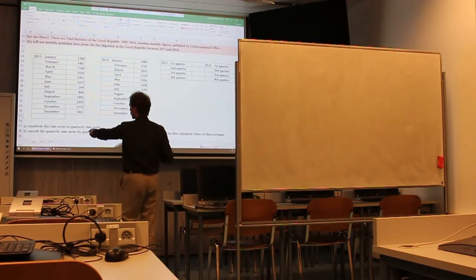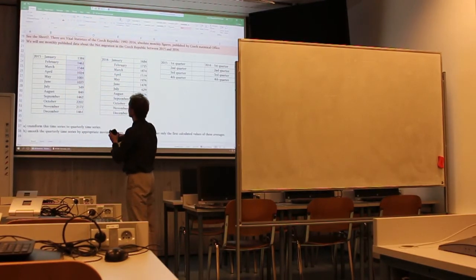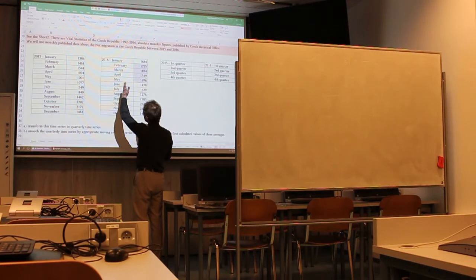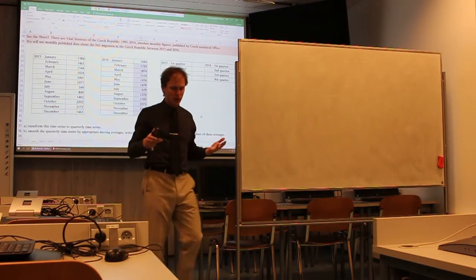So we will again look to sheet 1. I copied these values for you, so you can see the behavior year 2015 from January to December, and year 2016 from January to December. So 24 observations in total.